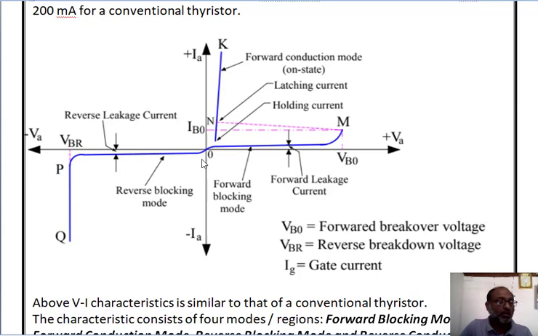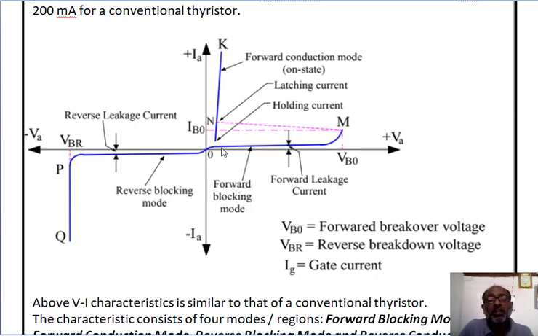Now in forward blocking mode, if the gate terminal is kept open and forward voltage is applied across the GTO, at that time the GTO does not conduct in forward blocking mode.